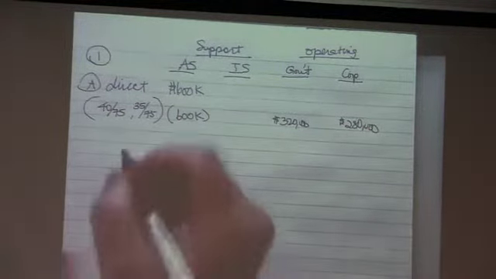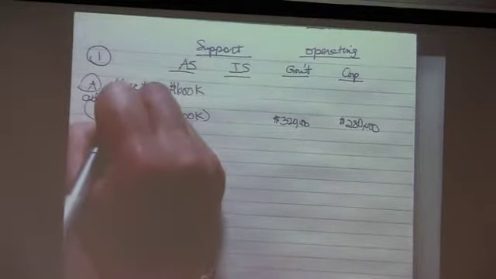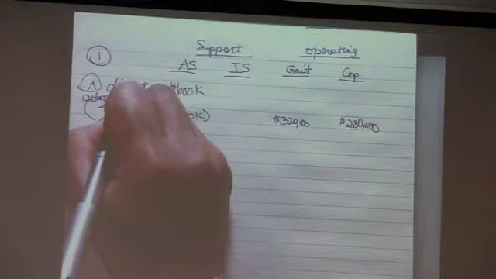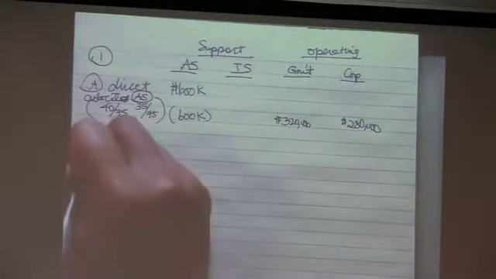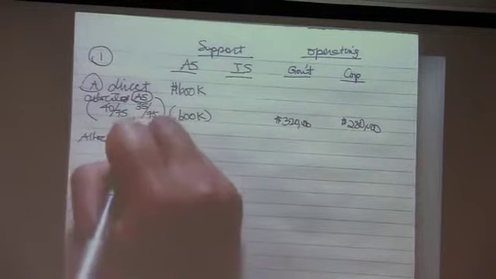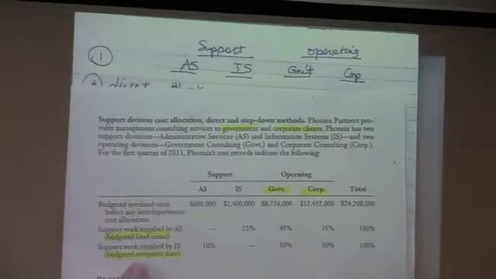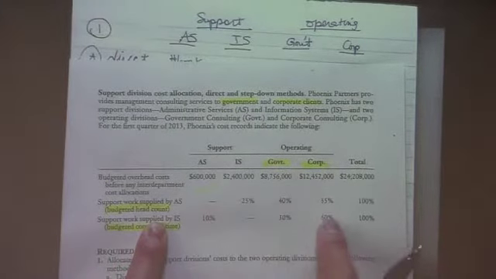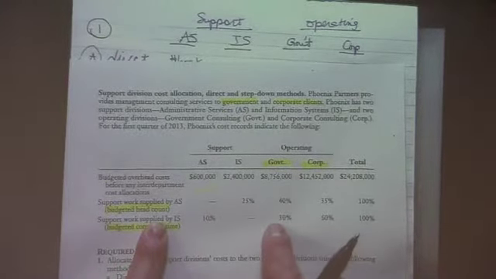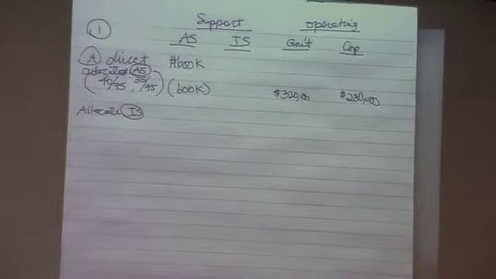Now similarly, we're going to allocate the IS department. And again, we're going to look at what percentage. So in the work supplied by IS, it's going to be 30% out of 60 plus 30, which is 90. And of course, for corporate, it'll be 60 out of 90.